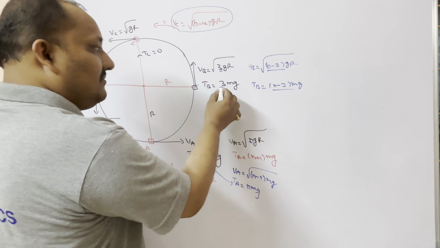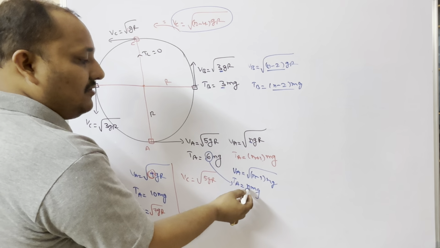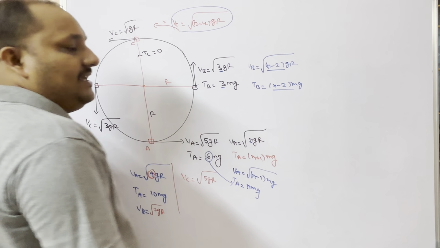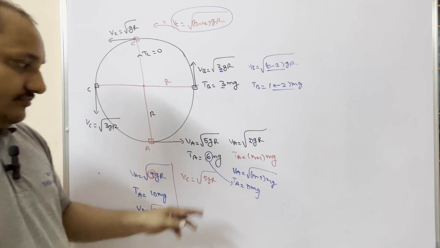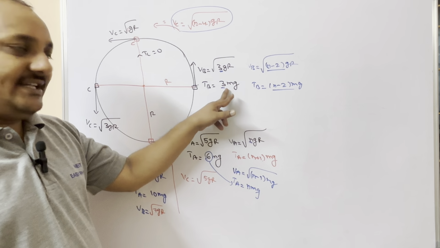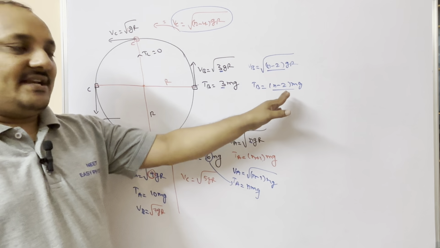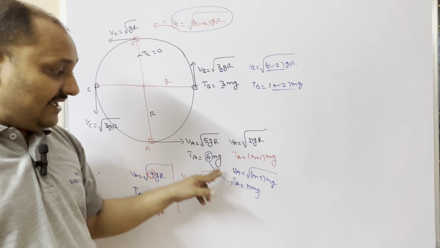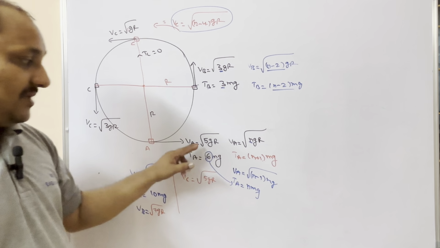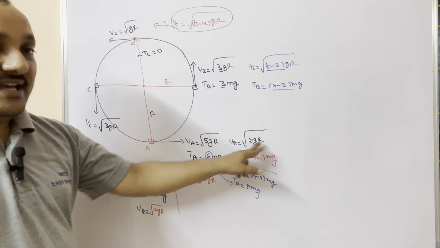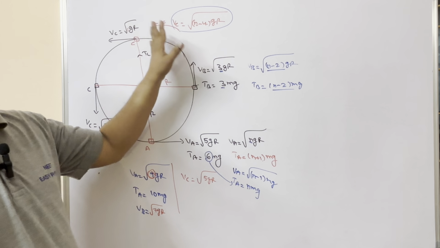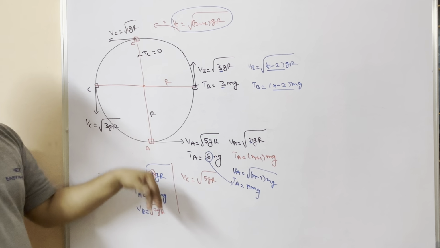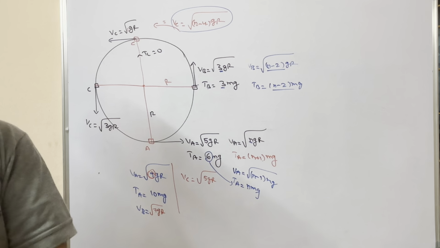At that time here 3 is there. Here we wrote n minus 2. So in place of 6, if you want to get 3, what do we have to write? 6 minus 3, that is nothing but n minus 3, when you are taking TA as n mg. But previously we discussed VA as root ngr. Like this we got it. So if you remember any one, definitely you will get the remaining.